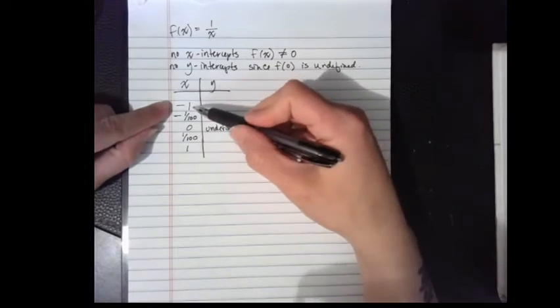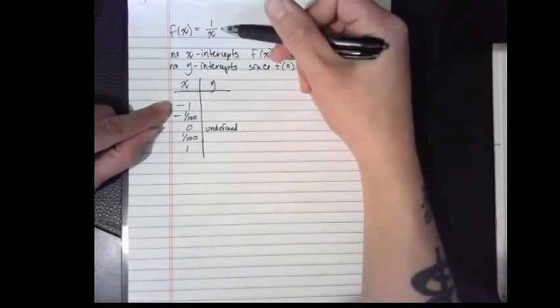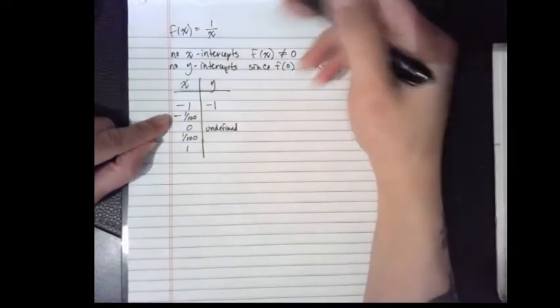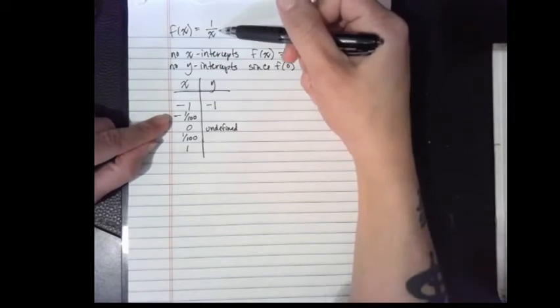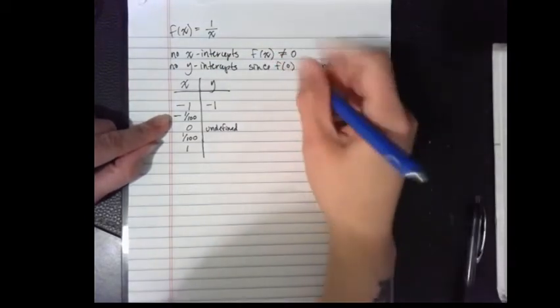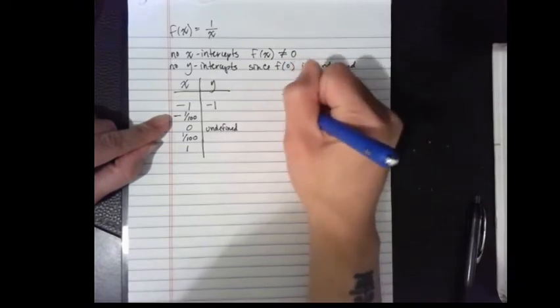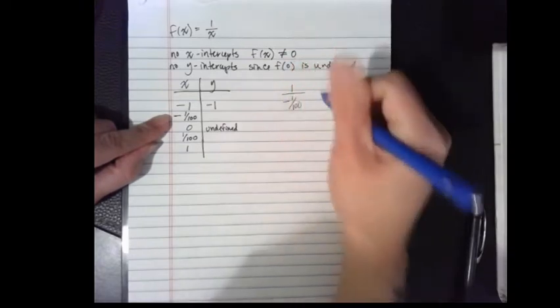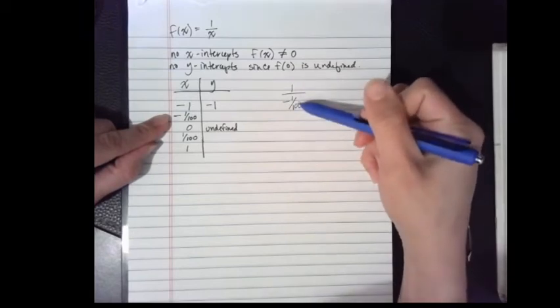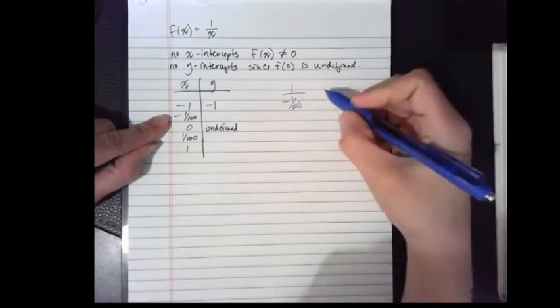Now, if I take -1 and I plug it back into my function, I've got 1 over -1, and that is just -1. If I take -1 over 100 and plug it in, I have 1 over -1 over 100. And remember, when I have a fraction inside of a fraction, I take the reciprocal of the denominator and multiply it back to the numerator.